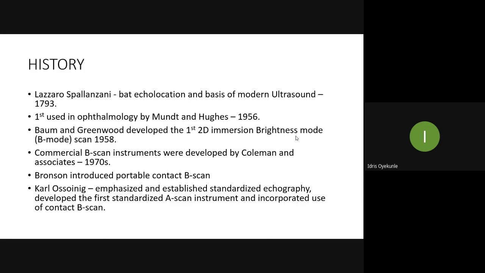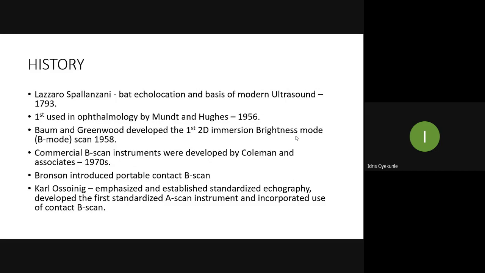There's this Italian physiologist, Lazzaro Spallanzani, and we could say he's the father of modern ultrasound, because in 1973 he conducted research on bats, where he realized that bats send out clicks, which are more like sound waves, and they bounce off structures, and the echoes come back, and they're able to use this to locate themselves and fly and navigate, which could be termed echolocation.